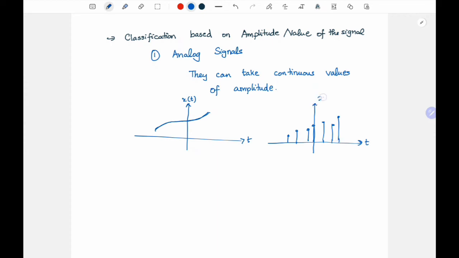So again, here also, if the amplitude can take on any continuous values, then it is still an analog signal. So this is an analog continuous time signal, and this is an analog discrete time signal.